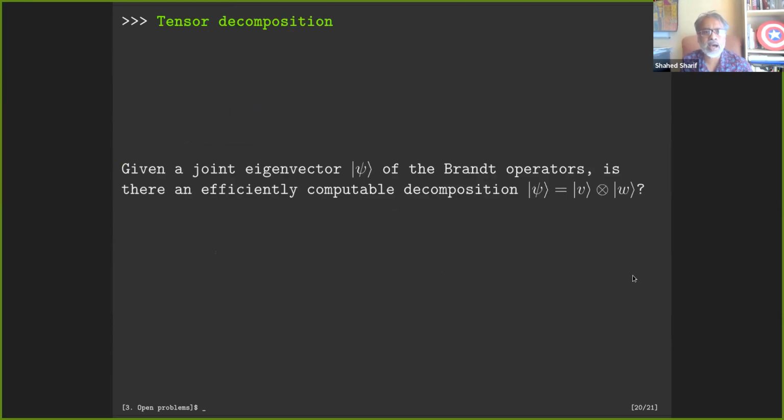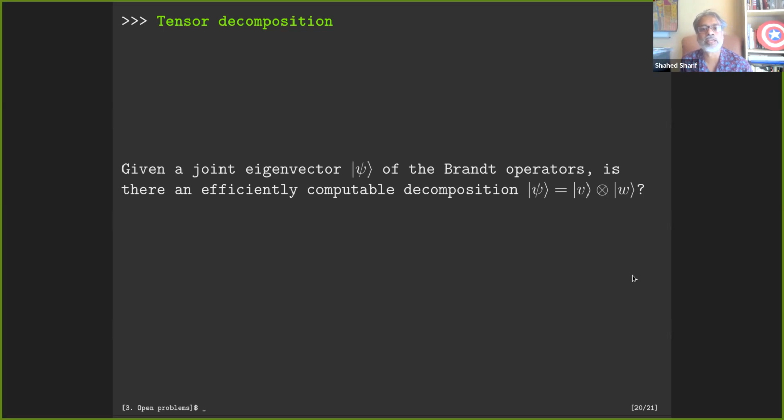There's another attack. In the quantum realm, this is called quantum state restoration. If you can write one of these mystery eigenvectors as a tensor product of 2 other vectors, then you can do a dimension reduction attack and try to copy V and W individually. But of course, in order for this to work, you have to be able to write your joint eigenvector in this form.